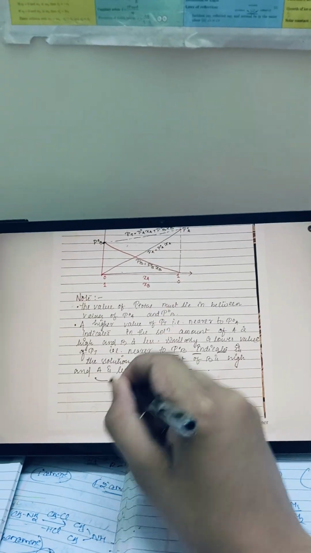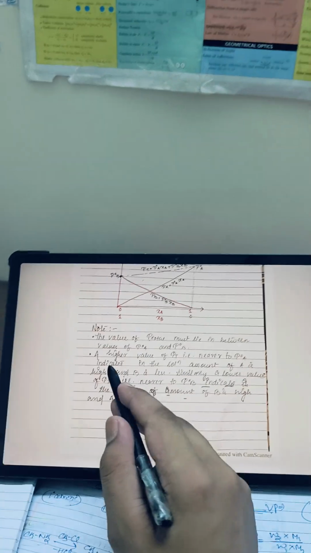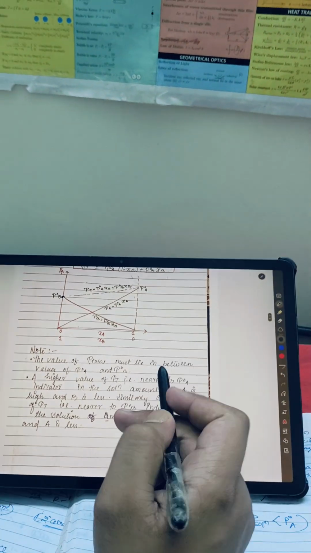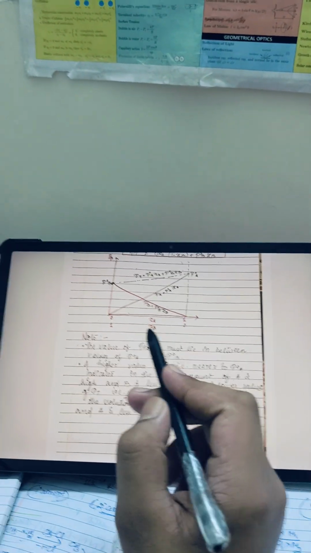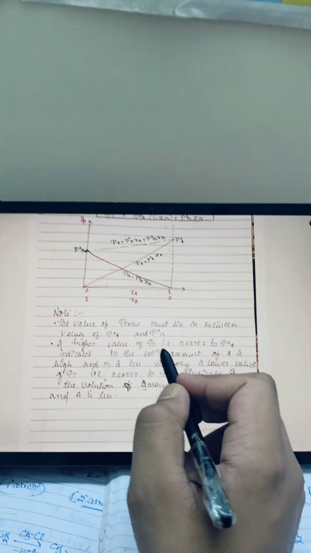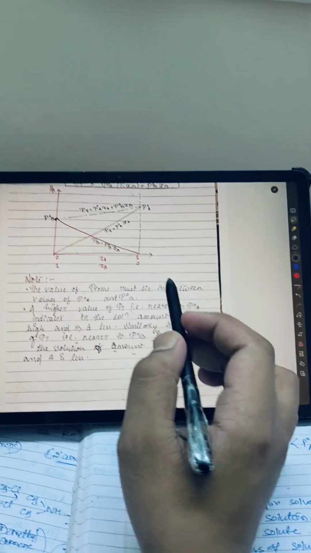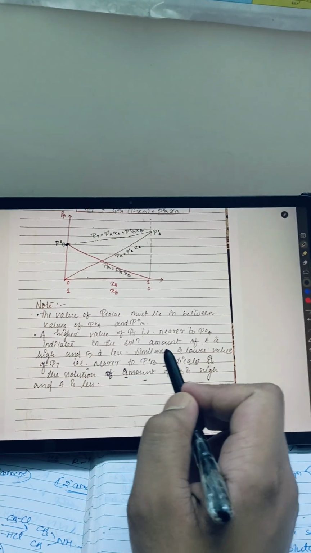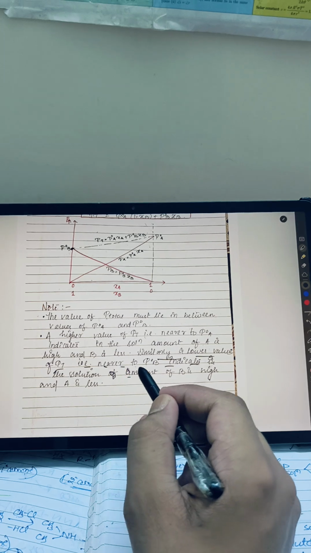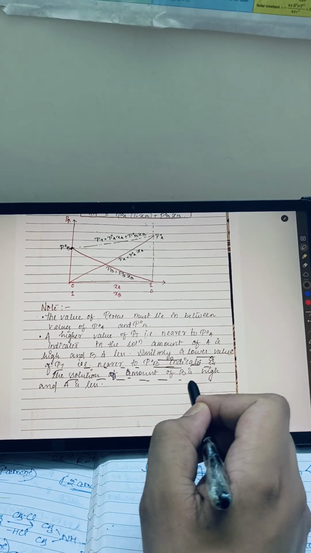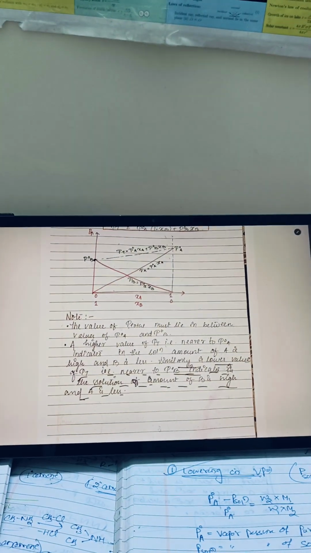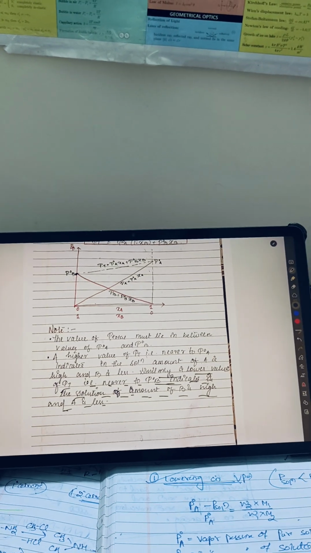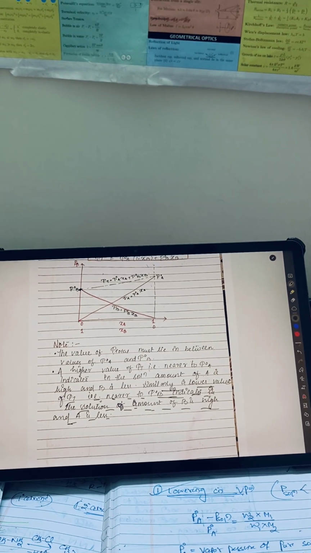So what does it mean? It means that a higher value of PT, that is nearer to PA naught, indicates the solution amount of A is high and B is less. Similarly, a lower value of PT nearer to PB naught indicates the solution amount of B is high and A is less.